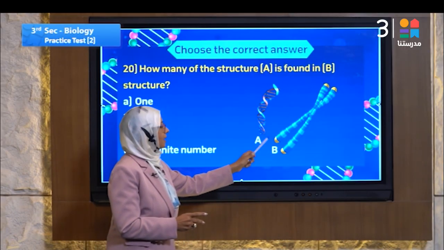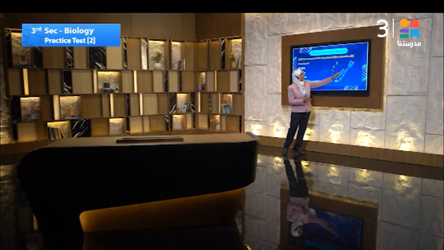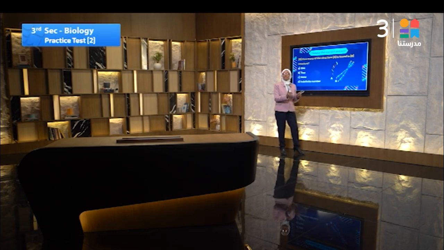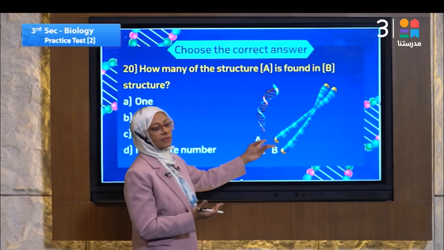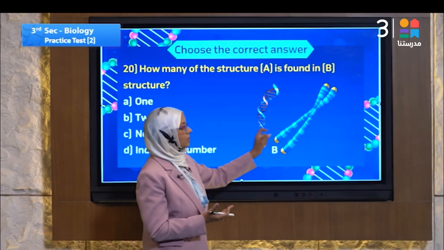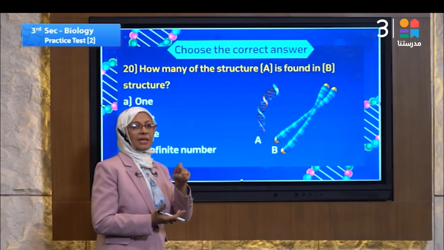The 2 chromatids are attached by a centromere, a central point attaching the 2 chromatids. What do the chromatids consist of? Each chromatid consists of a double helix of DNA. So we have 2 double helices of DNA, and each chromatid contains 1 double helix of DNA.